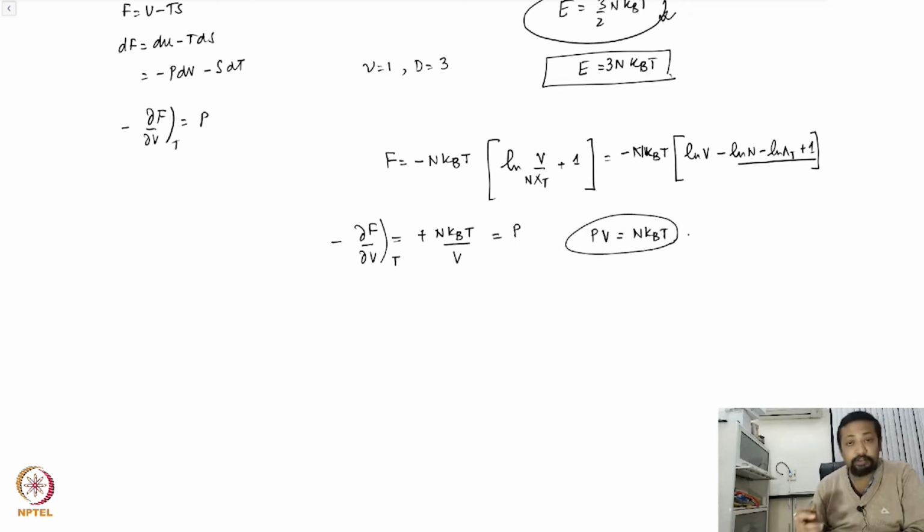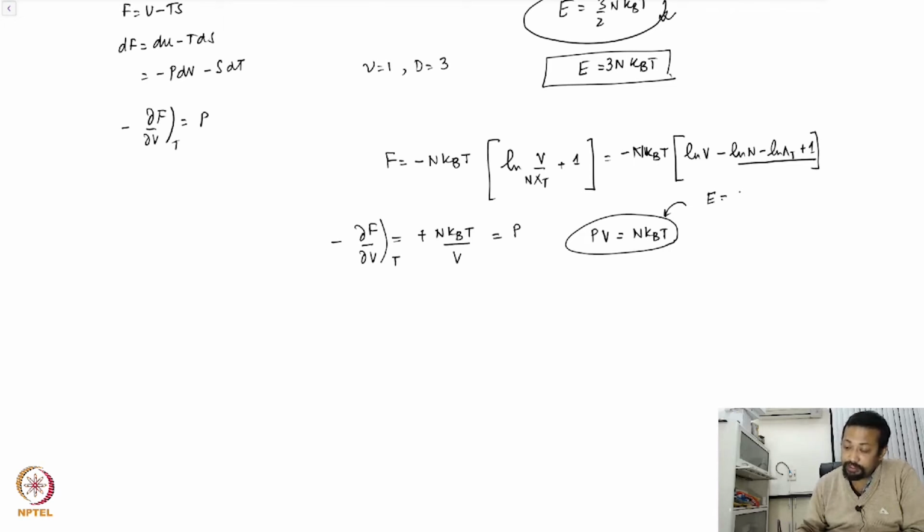Remarkably, it does not depend on whether it's an ultra-relativistic gas or a non-relativistic gas. It does not depend on nu, it does not depend on K, it does not depend on D. It is just that pressure times volume is equal to nkBT. Where does the difference come in?